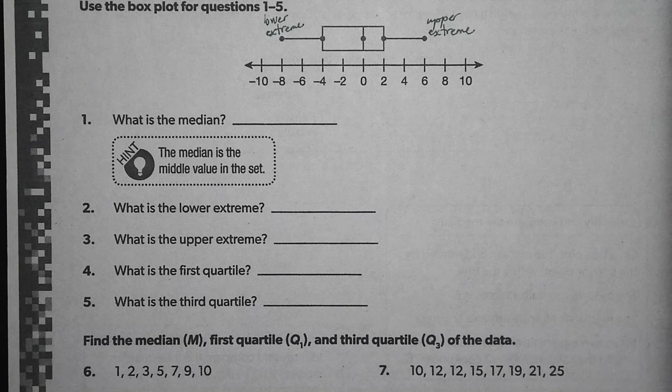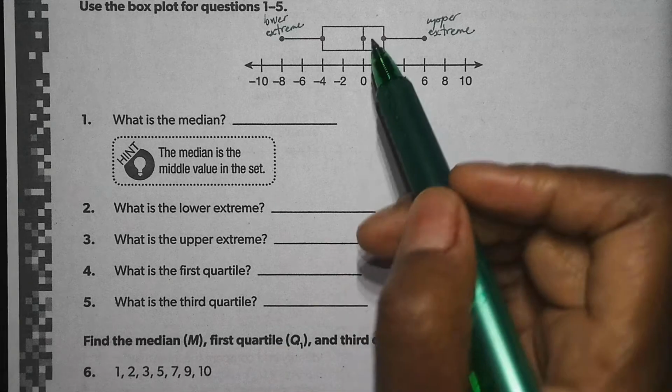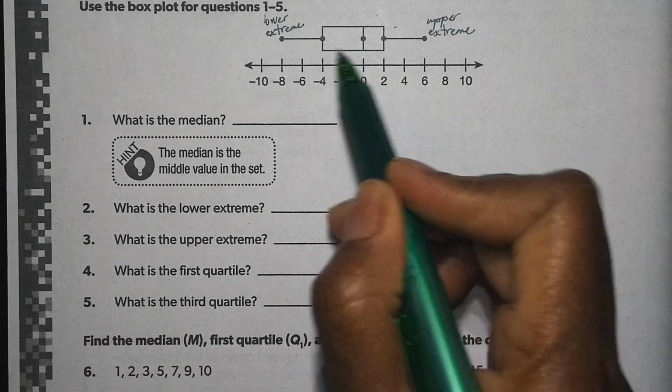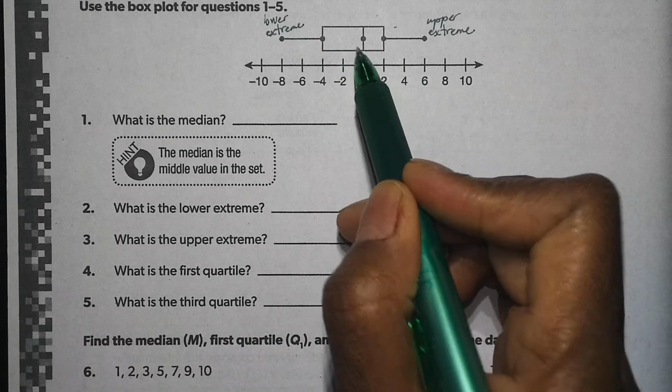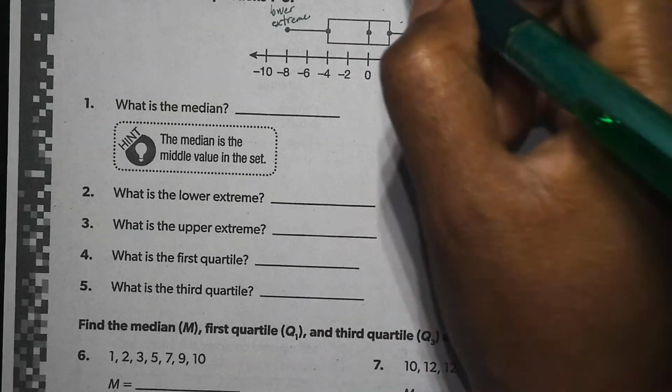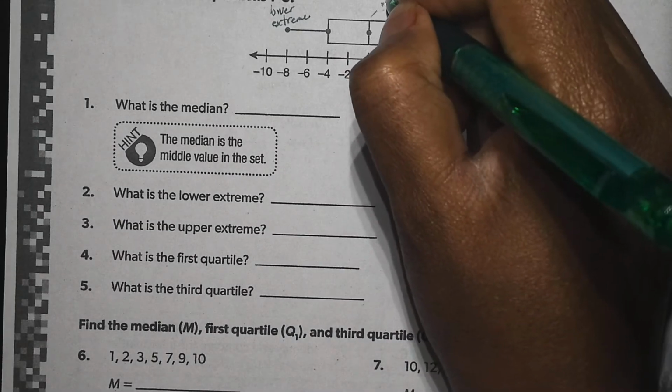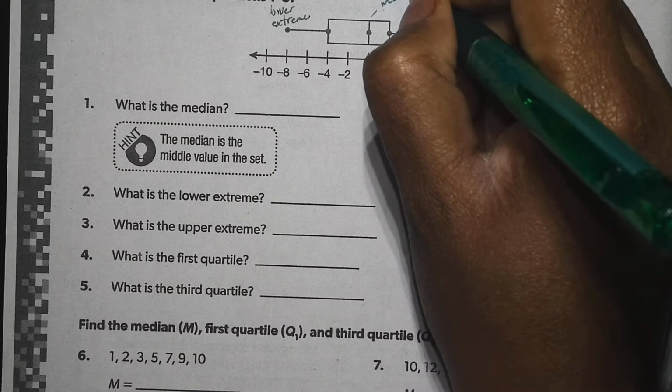So what about all this other stuff? You've been given a data set, and that number that's right smack dab in the middle is going to be your median. So take a look at this box here. The line that's in the middle of the box, the value at that line, that's going to be your median, folks.